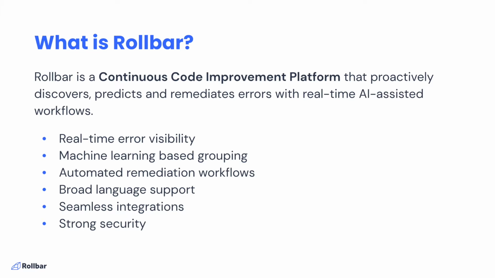And then with the better visibility and insight gained from that process, you can then automate the remediation workflows around that. So you can begin to automate things like deployment rollbacks and feature flag toggling based on where you have identified the root cause of certain exceptions and certain problems.